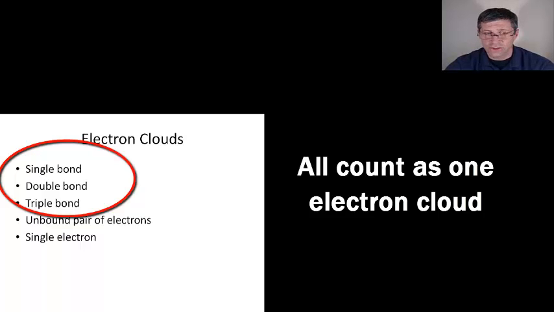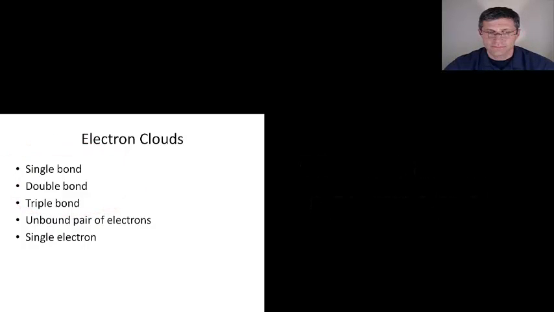We happen to have 2, 4, or 6 electrons in single, double, or triple bonds, but it still counts as a single electron cloud. We can also look at unbound pairs of electrons. Each pair of electrons will form its own cloud. Remember, they'll have opposite spins. And if for some odd reason you end up having a single electron, that will by itself make its own electron cloud. Each of these electron clouds will try to get away from each other.